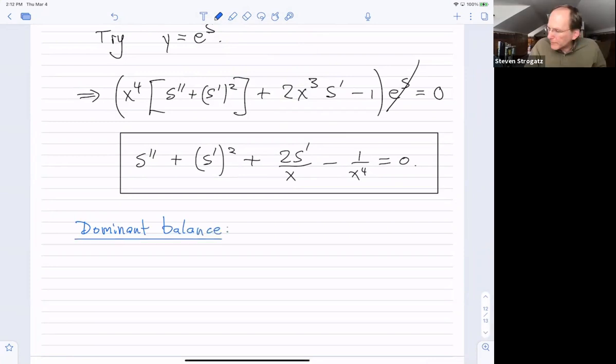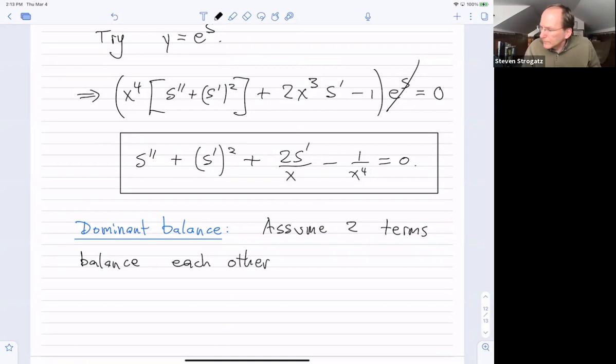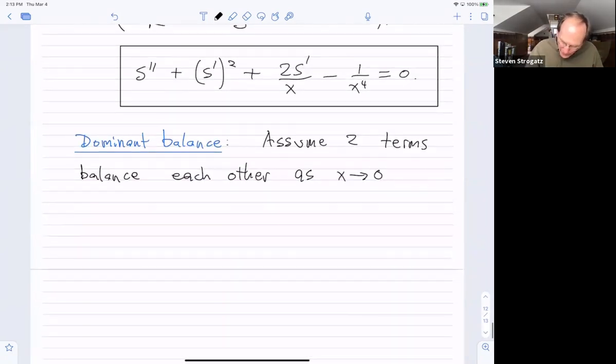So the idea of dominant balance is we're going to assume two terms balance each other as x goes to 0 in this case, or in general as x goes to the point of interest that we called x0. Assume that there are two big terms that balance each other and the other terms are asymptotically smaller.